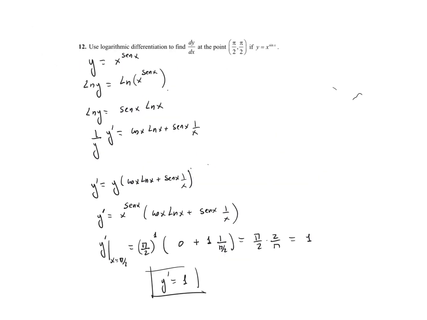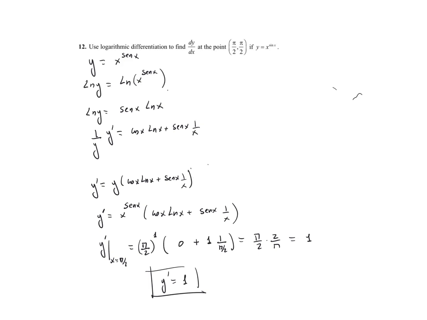The next problem says to use logarithmic differentiation to find the derivative of y with respect to x when the function is y equal x to the sine of x. So we need to use logarithmic differentiation.